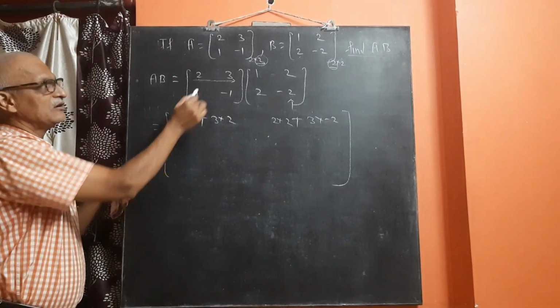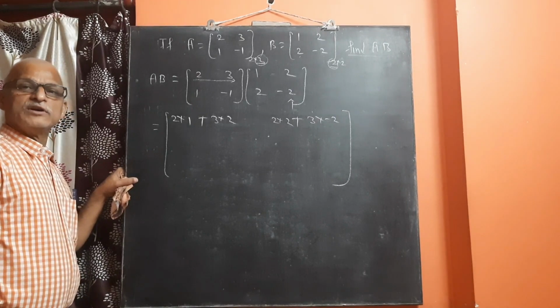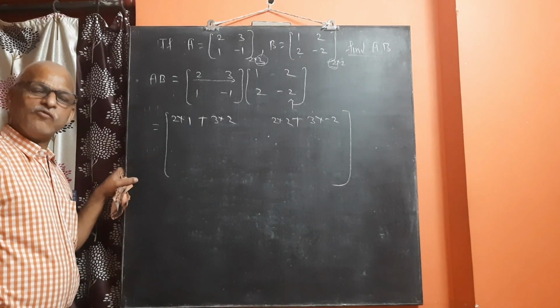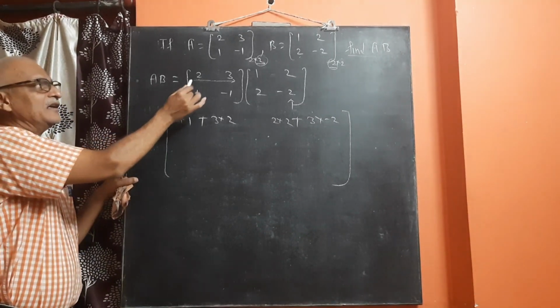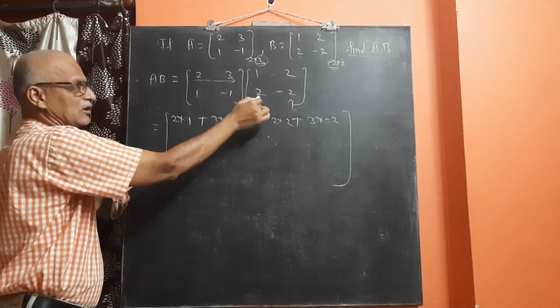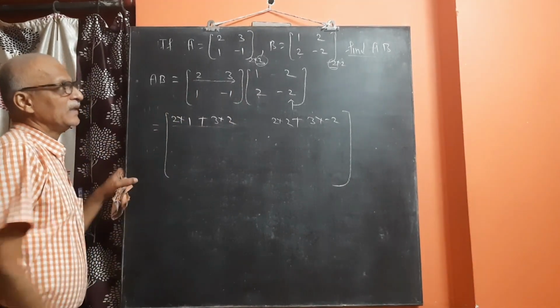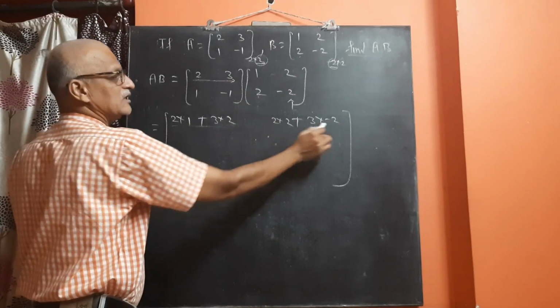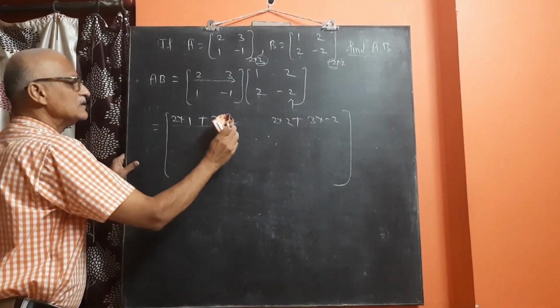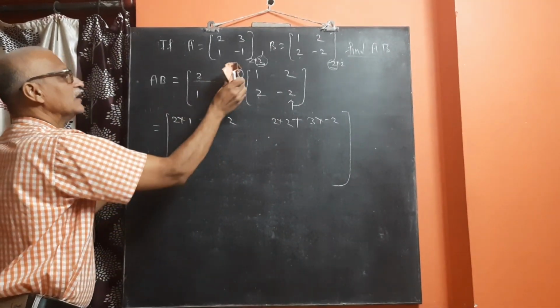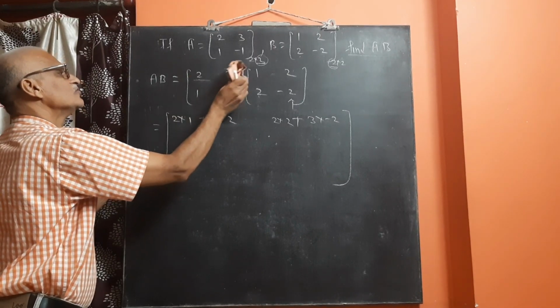So this is the completion of the function of row 1 from matrix A. See here, first row first column you have got this element, first row second column you have got this element. Now the work of this row is finished, so I remove it from here.